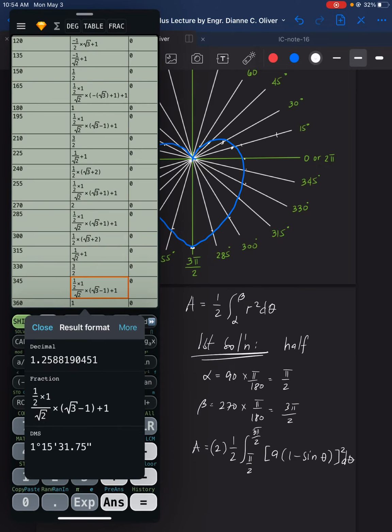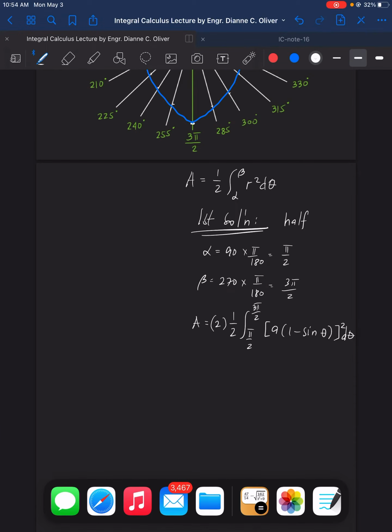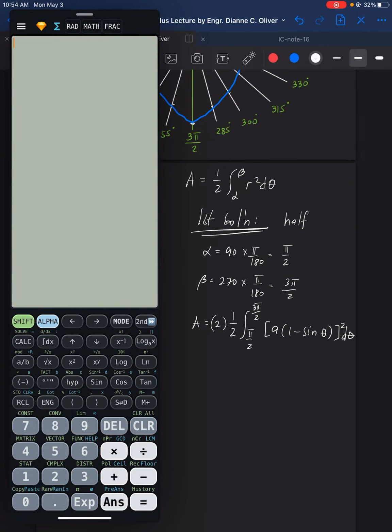Calculator again. So clear, and always remember that we are in math mode, using radians. So the integral of 1 minus sine theta squared, lower limit shift pi over 2, upper limit 3 shift pi over 2, that is equal to 3 pi over 2.